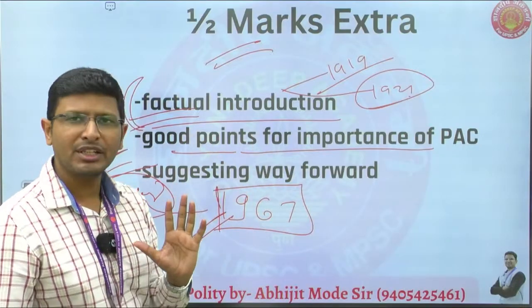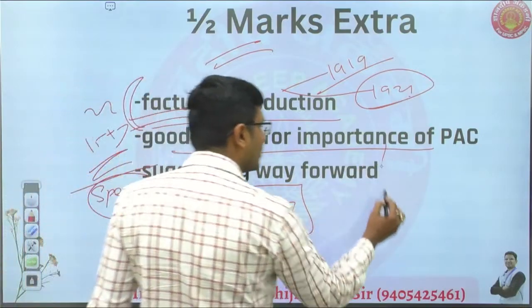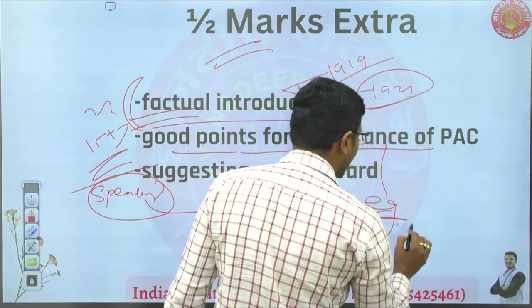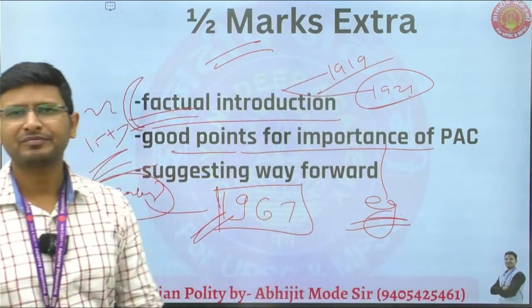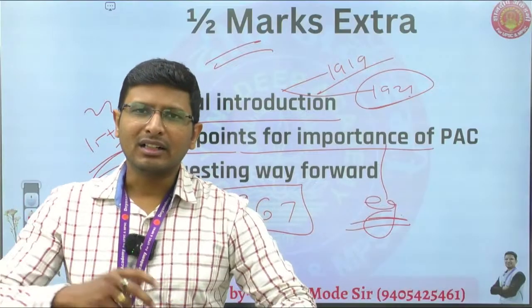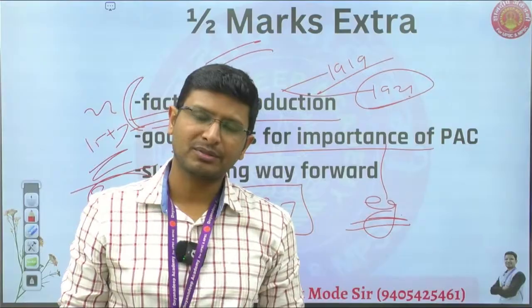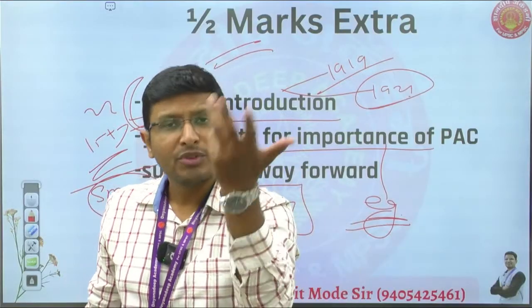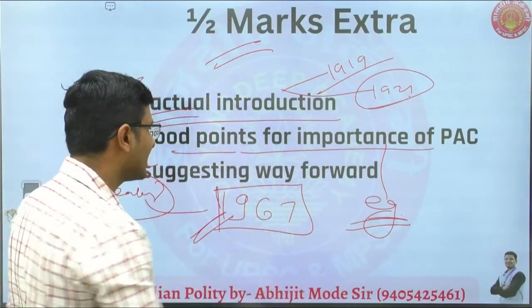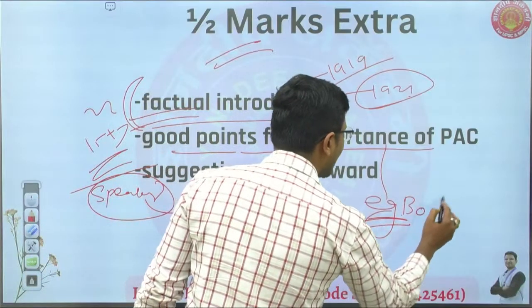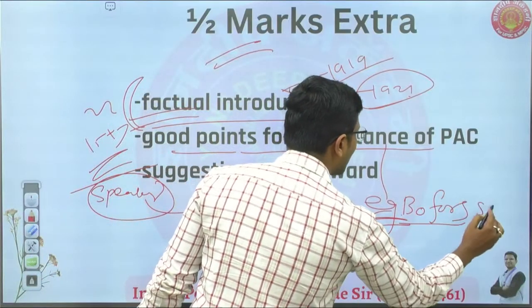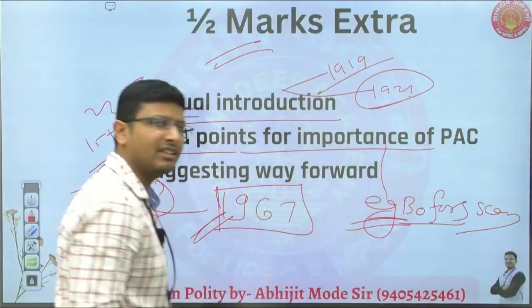Then good points for the importance you have to write here, with examples also. Suppose you are writing the point that the public account committee has played a very important role in exposing corruption. Then you have to write how, with which examples. You have to write examples like the Bofors scam. The Bofors scam was studied by the public account committee.